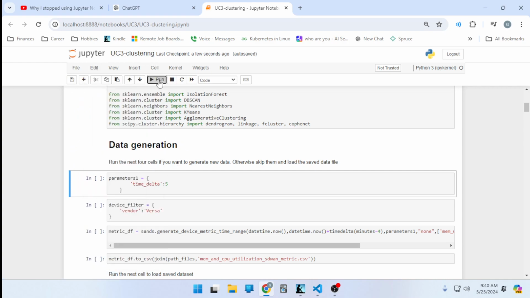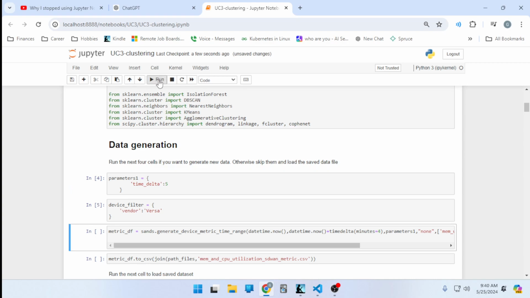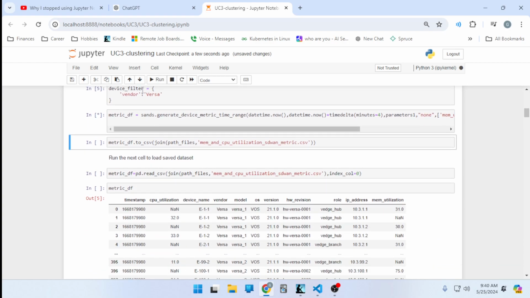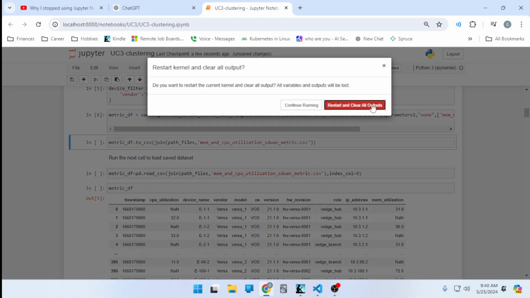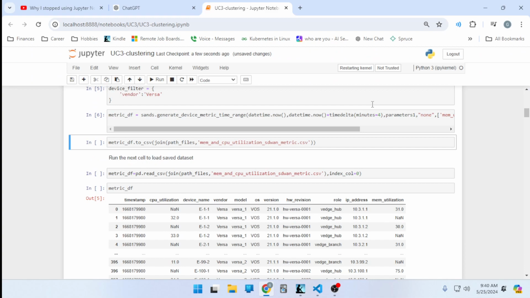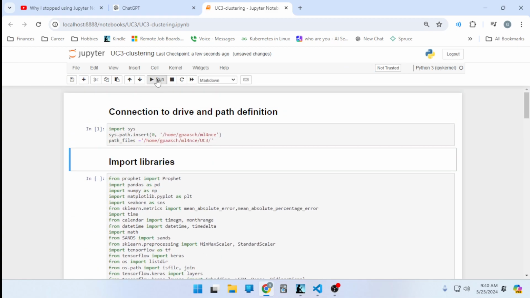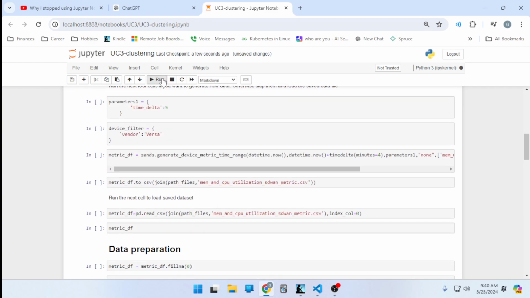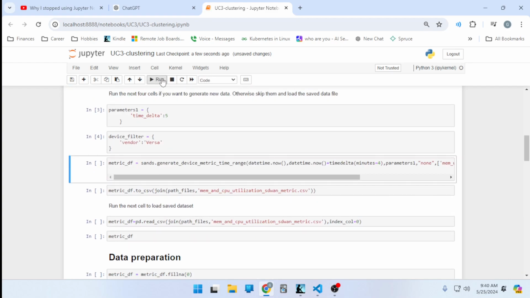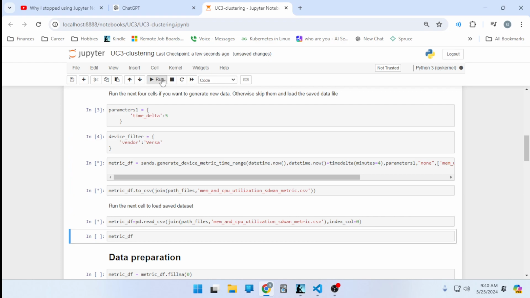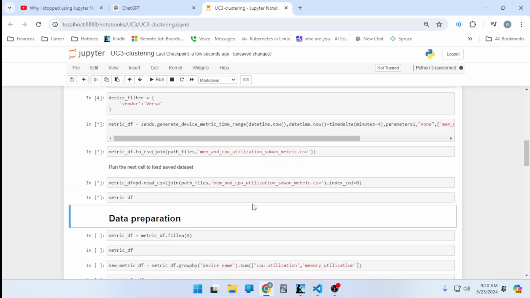All right, so let's get to that data frame. Oh, and we've already got output here, so let's restart and clear all the output. Okay, and then we're getting down to displaying the data frame.